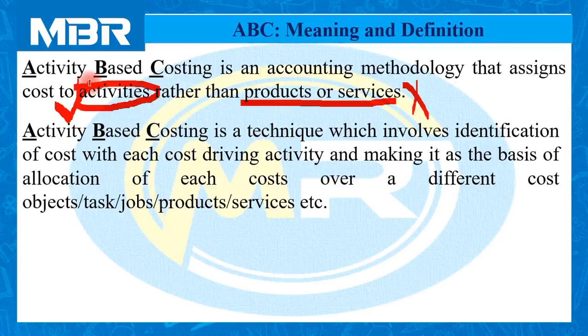One more meaning is available on your screen. Activity based costing is a technique which involves identification of a cost.